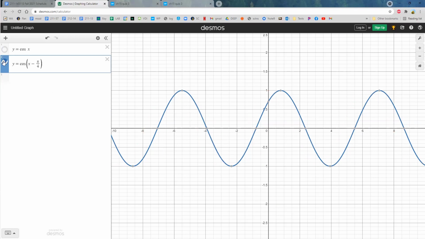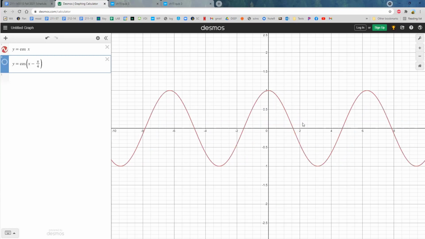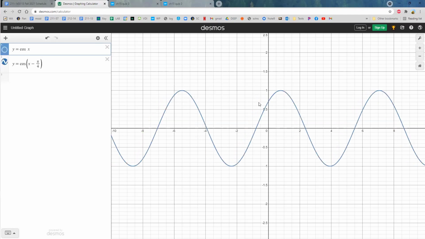This blue function is behaving exactly the same way, but notice where I'm starting. I'm starting at root 2 over 2, at some value that's less than 1, whereas for an unshifted cosine function, check this out. My cosine function is starting off at its peak value. There's no shifting going on. I'm starting right at the starting line, whereas with this shifted function, I'm starting at some value not quite at the peak. Okay, so wanted to talk about that again.